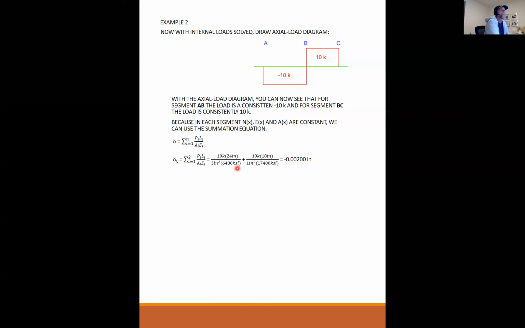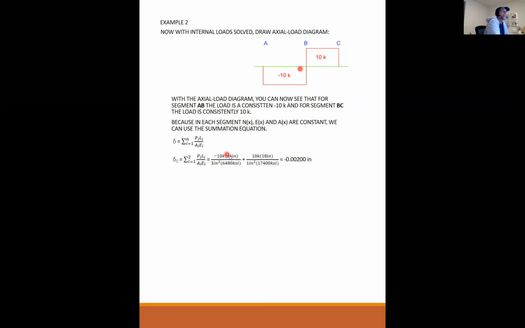Okay, so now solving this, what I get is a net compression of 0.002 inches. And how do I know it's a compression? Because it's negative. So what was really happening was segment A to B is shortening. Segment B to C is elongating because this is in tension, this is in compression. But look what happened.